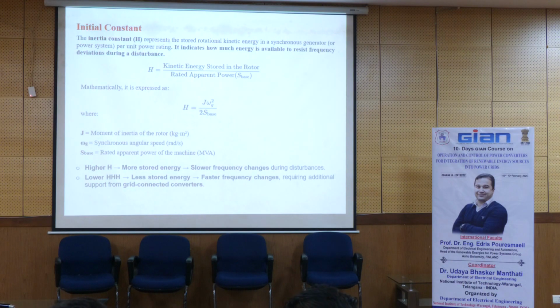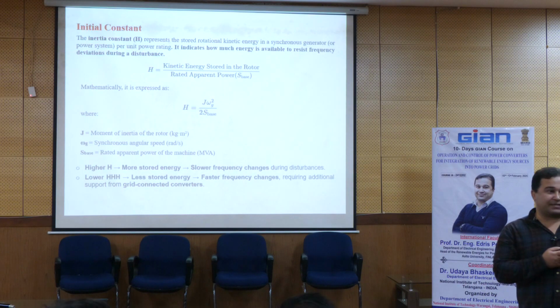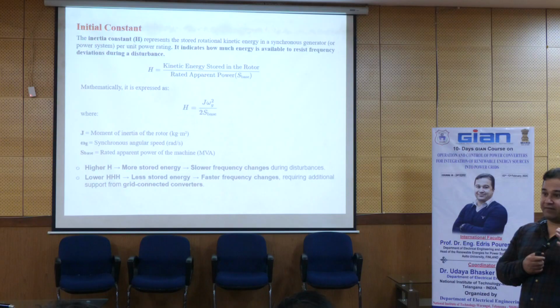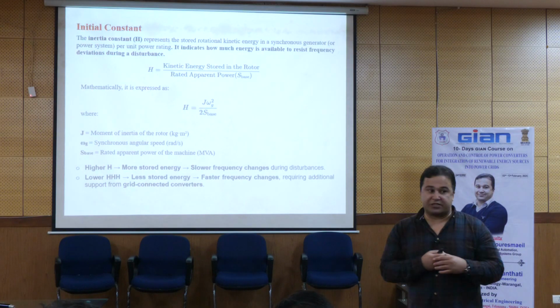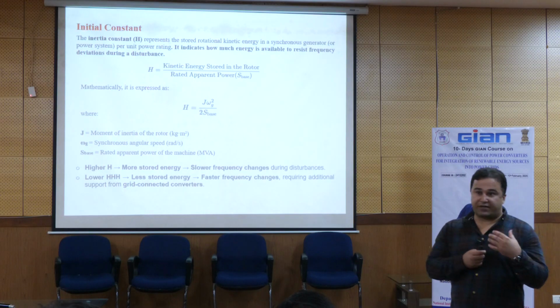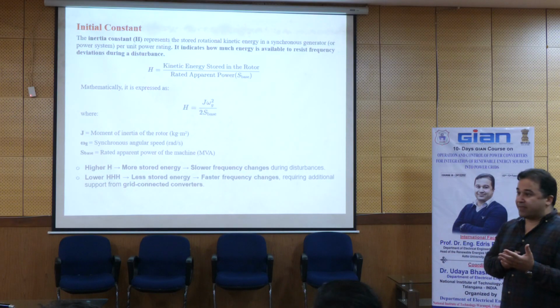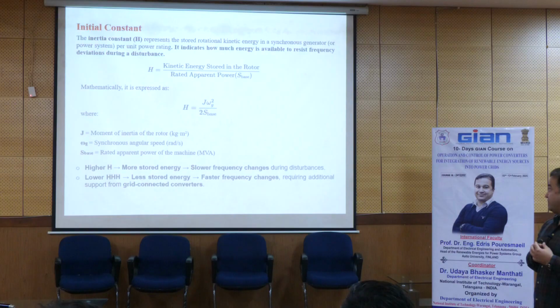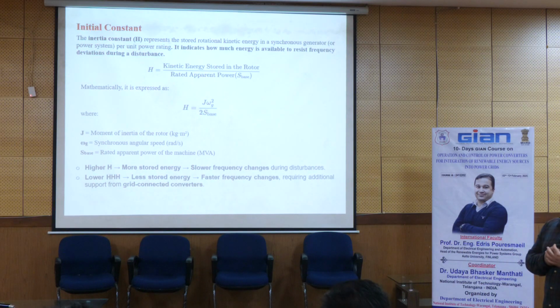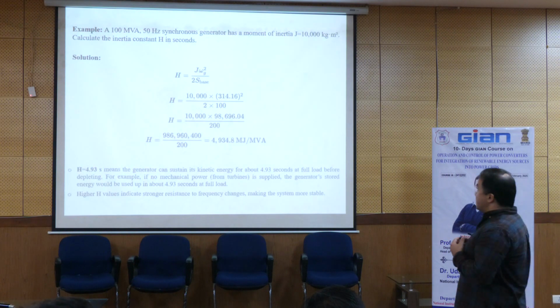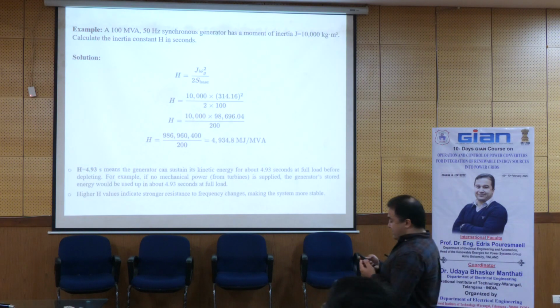Then what is happening? If we have less H, in fact we have less kinetic energy, and if any change happens in the frequency, we cannot damp it so fast. But when we have higher H, it means that we have more kinetic energy, and if any change happens in the system, we can damp it faster. So just a simple example.